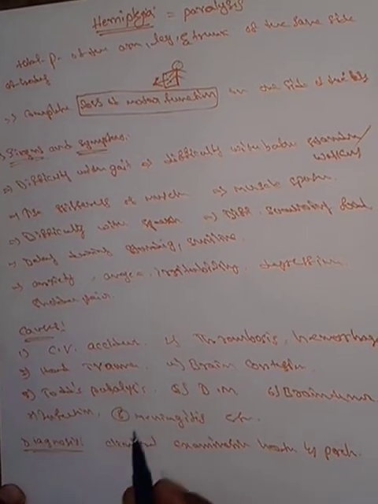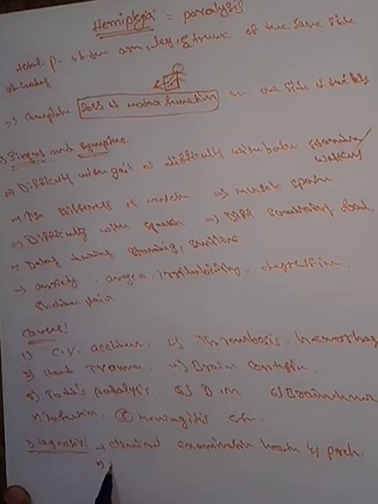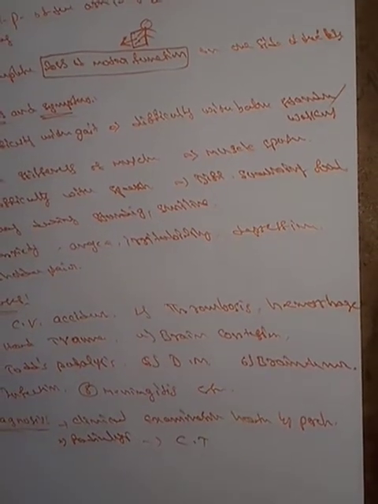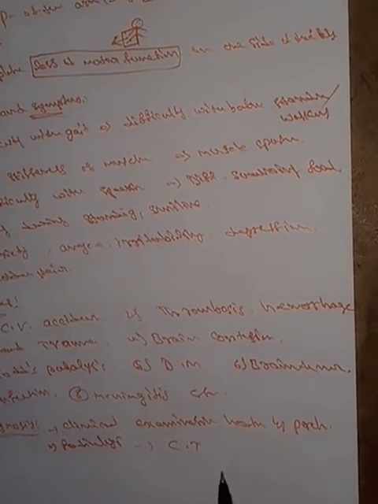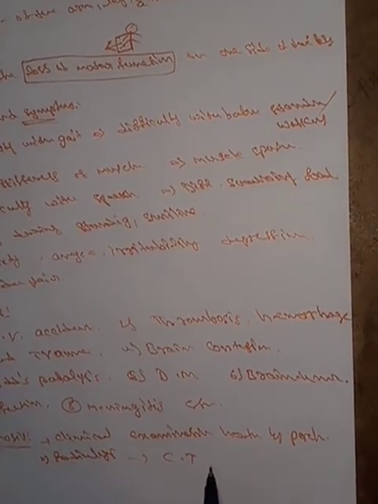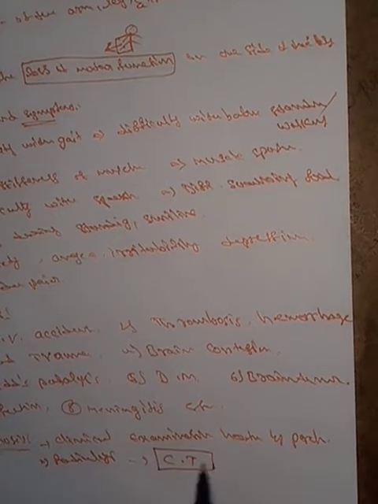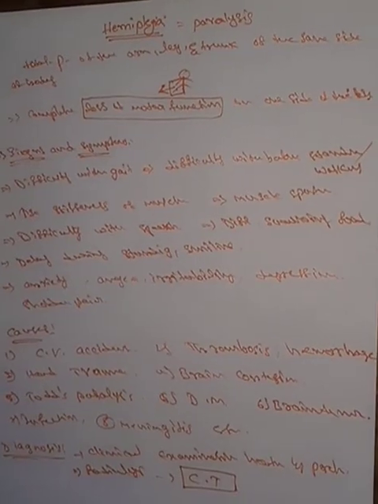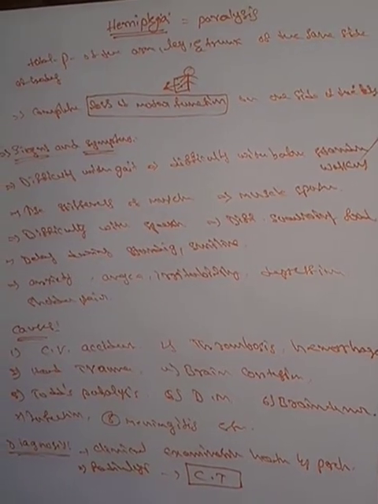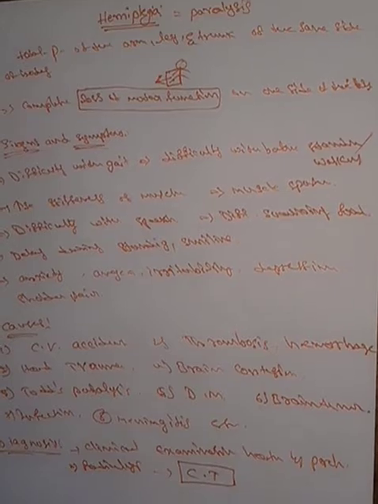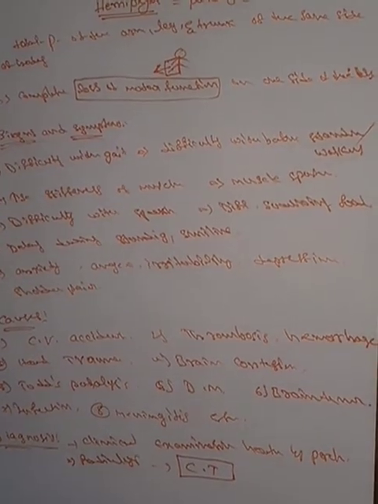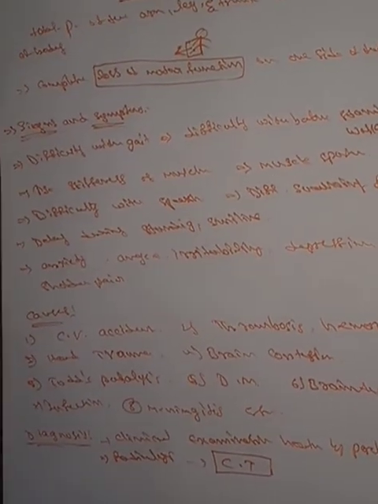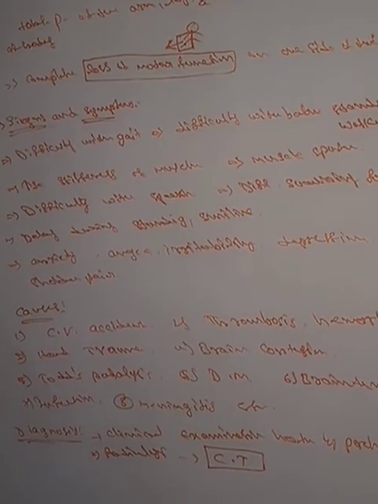The next one is radiological studies, especially CT scanning, which identifies disorders like hemiplegia or paralysis produced in the body. So by using CT scanning, the paralysis is diagnosed.